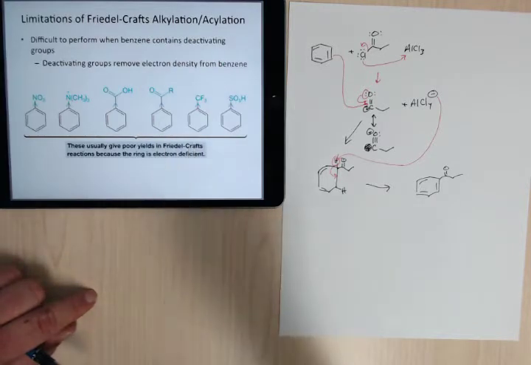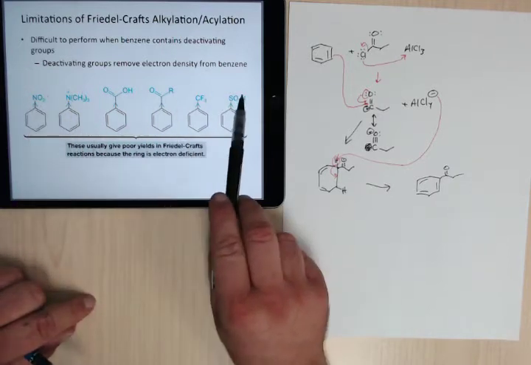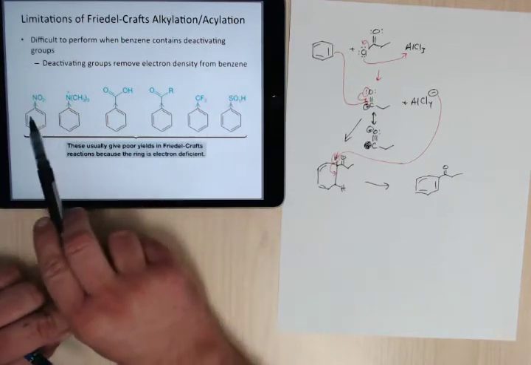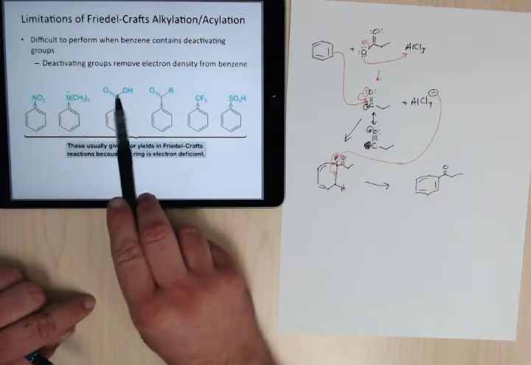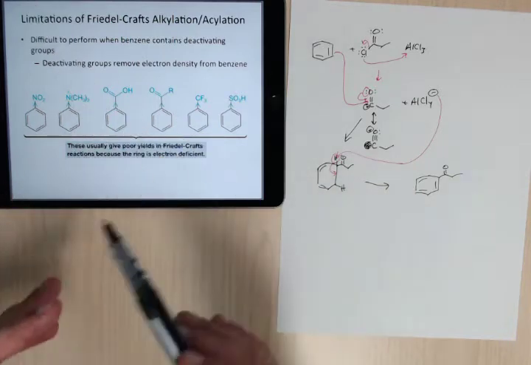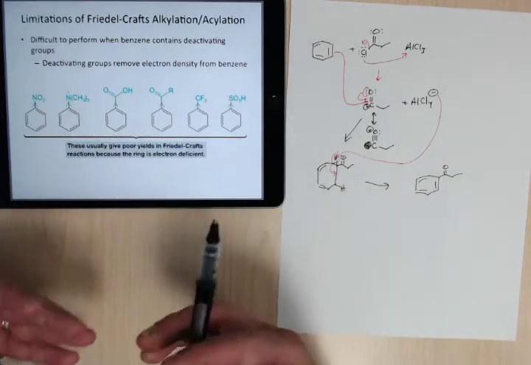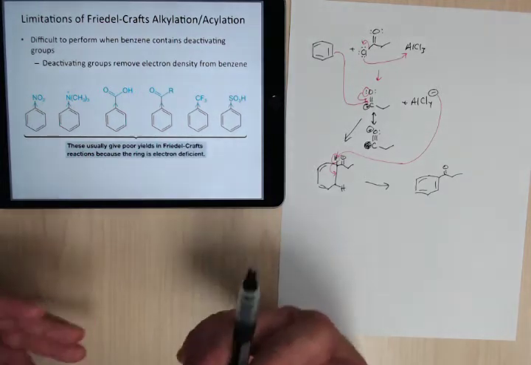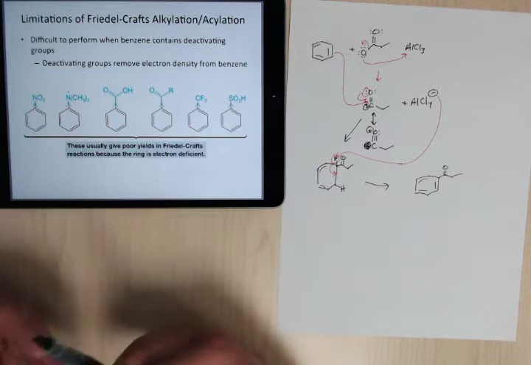One of the limitations for this is that you can't have these deactivating groups. They actually suck electron density out because they put a positive charge right next to the ring. If you think about it, you're taking gunpowder out of a bullet, and therefore it's not going to have as much oomph, right?